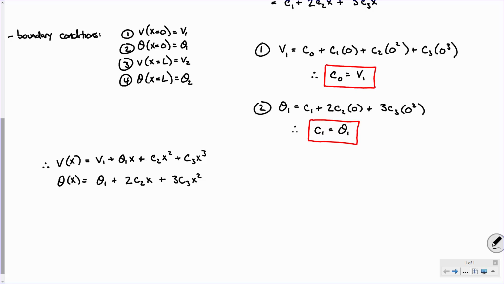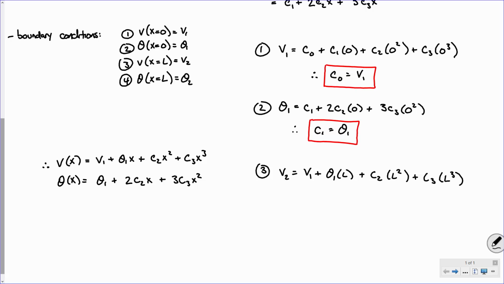All right, so let's do number 3. The whole thing's got to be set equal to V2. And what do we have? We have V1 plus theta 1 times what? L. We're plugging in L. Plus C2 times L squared plus C3 times L cubed.